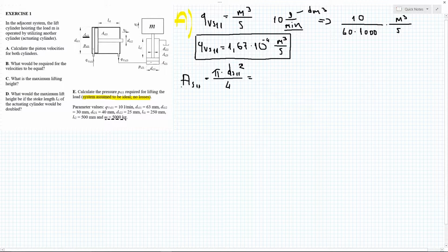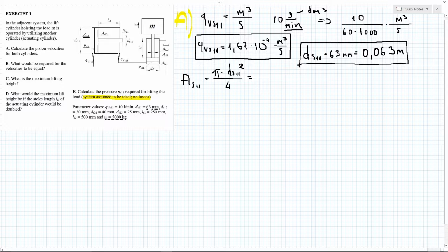We have the diameter in millimeters, but we need meters, okay? And how many millimeters are in the meter? 1,000, right? So this is going to be 0.063 meters. You can check that on your calculator right now.